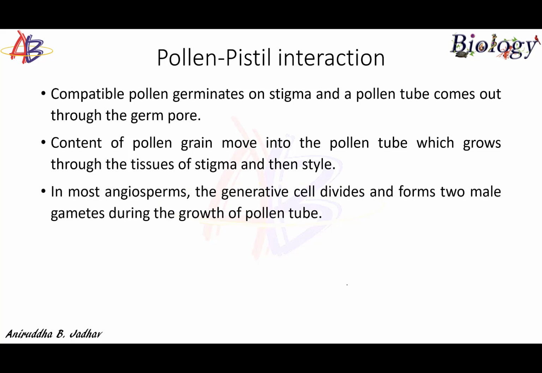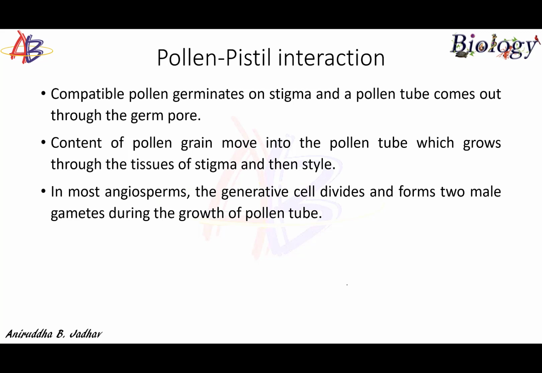As we already studied in the previous section, in most of the angiosperms, almost 60% of pollen grains are shed at the two-celled stage. That is, the pollen grain contains a vegetative cell and a generative cell. In such a case, the generative cell divides and forms two male gametes during the growth of the pollen tube inside the style.